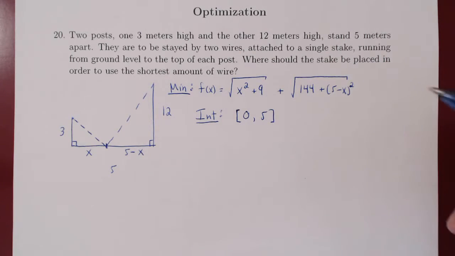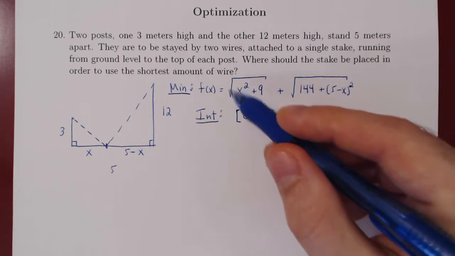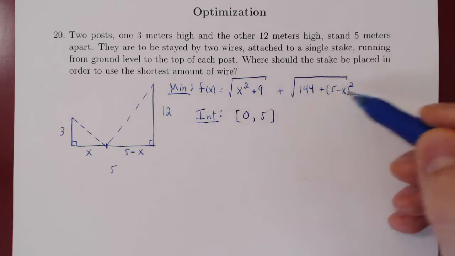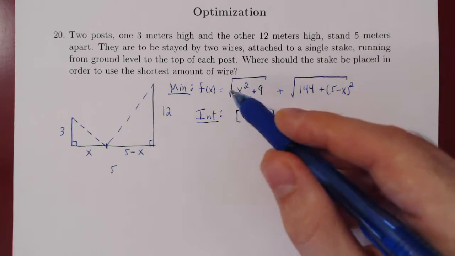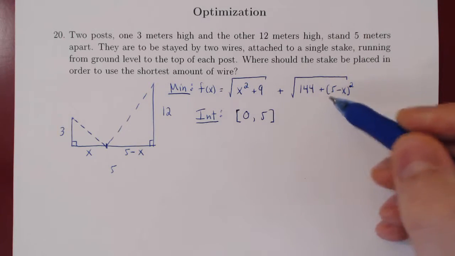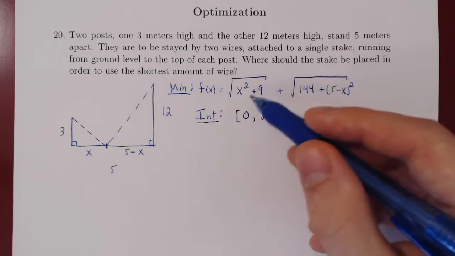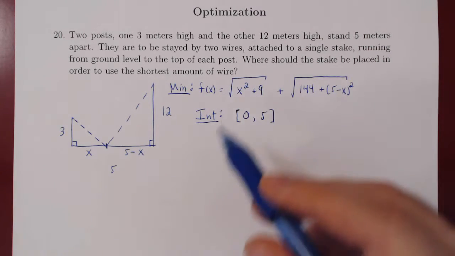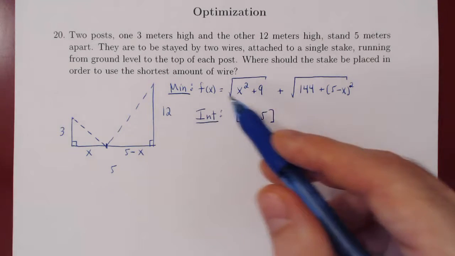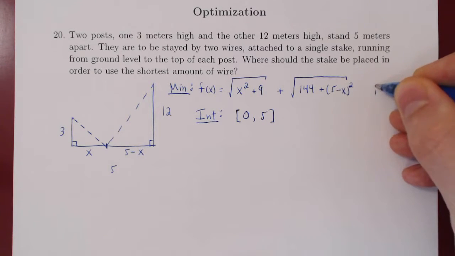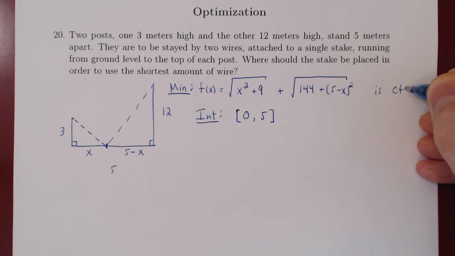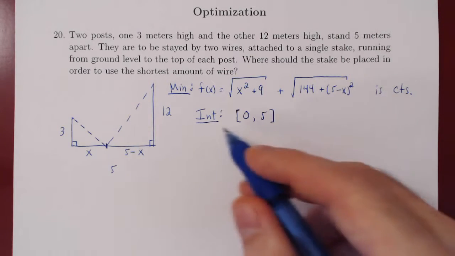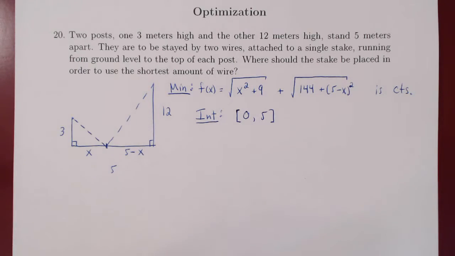And this is great because if you notice, we have two square roots. We're adding them up. It's a sum of squares. So we will never have negative values inside of the square roots. The two are polynomials. The square root over the positive real axis is continuous. So our function f of x is continuous. And so we have a continuous function on a closed and bounded interval.